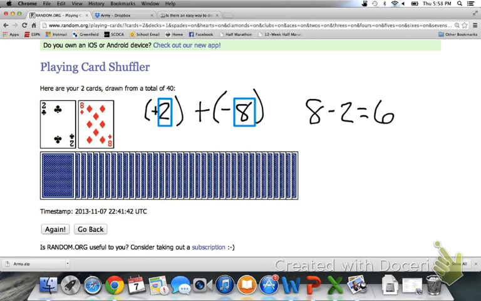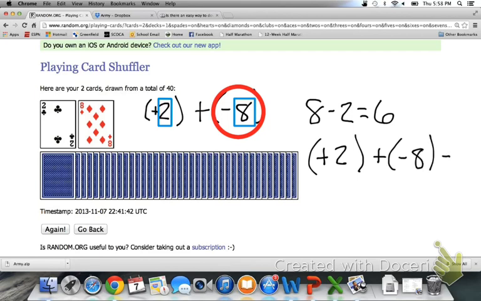Which one is larger? Pretty clearly, the larger magnitude is 8. So our sign will go with the sign of the number that had a magnitude of 8, which was negative 8. So our answer for positive 2 plus negative 8 is equal to negative 6.